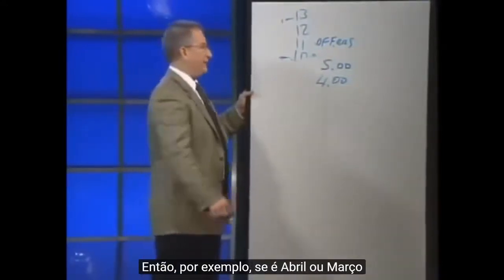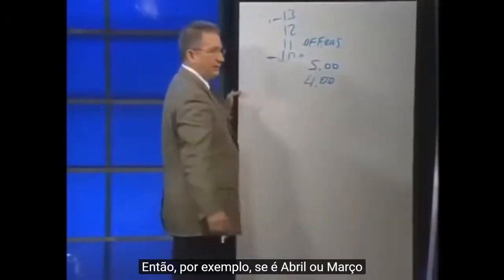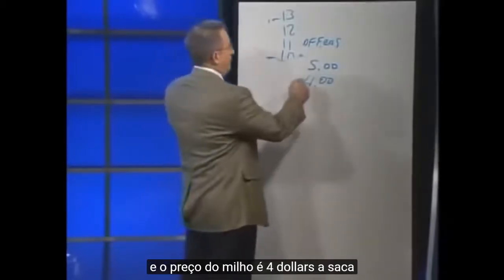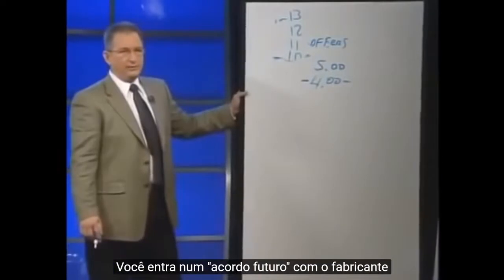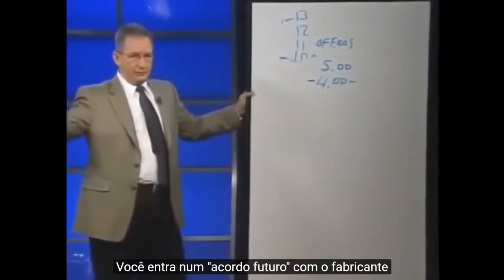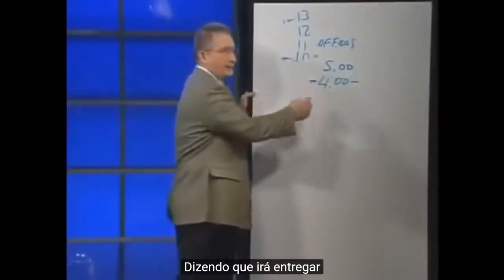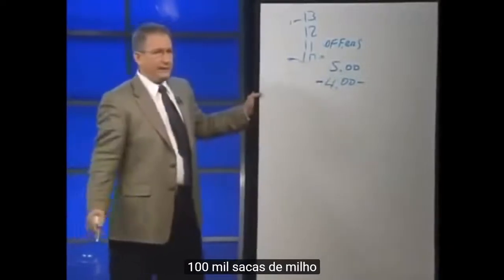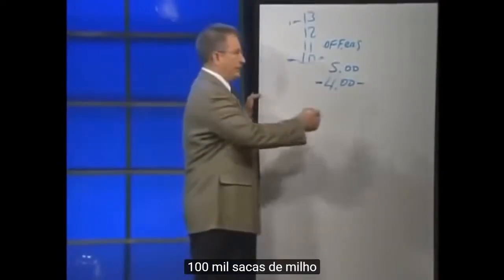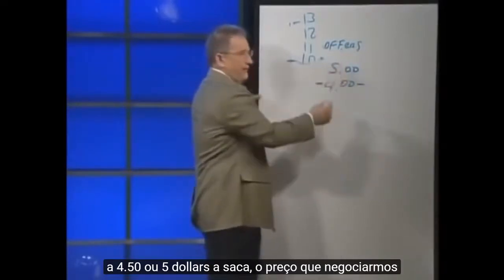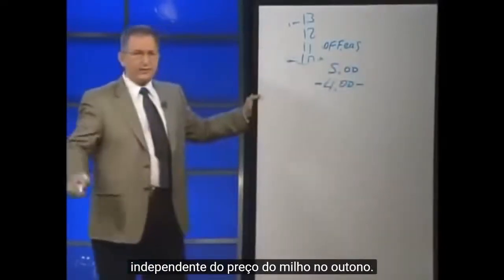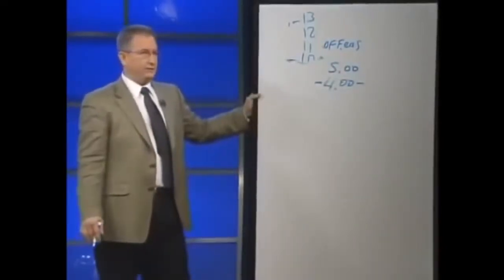So what ends up happening is that if, let's say, it's March or April, and the price of corn is $4 a bushel, you enter into a forward agreement with the end user, and they say, hey, I will deliver 100,000 bushels of corn at $5 a bushel, or whatever price they agree on, regardless of what the price of corn is in the fall.